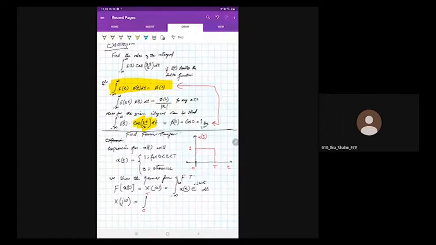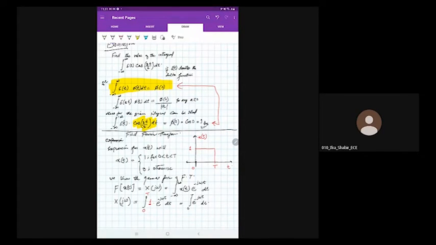My x of t is equal to 1, because its amplitude for this rectangular pulse is equal to 1. Then I have to write down e raised to the power minus j omega t dt. So we can write it further as the integration from 0 to T of e raised to the power minus j omega t dt.